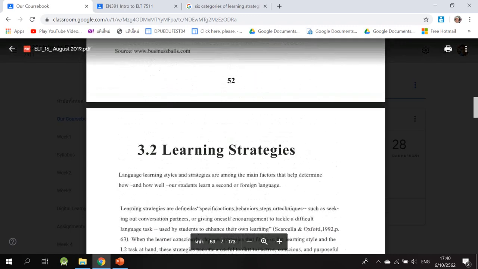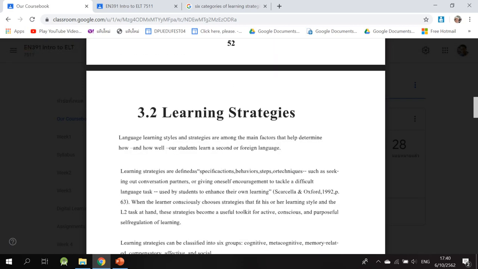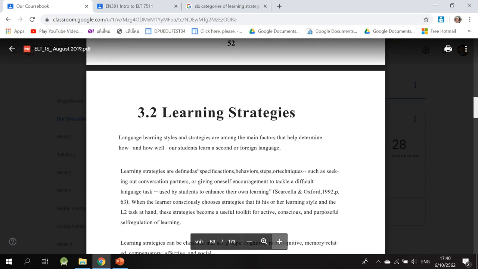So these are the learning strategies according to Rebecca Oxford. Okay. A learning strategy is about how you do things. It's about the hows of doing things. Of course, when you use learning strategies, you don't just use one of them.